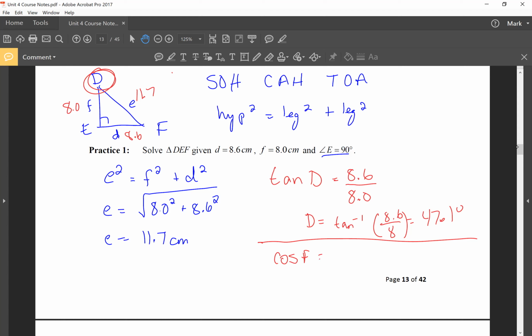Let's use cosine. Why not? Cosine is the adjacent number to F, that's 8.6, over the hypotenuse, which is 11.7. Now, a warning here, because 11.7 is rounded, my answer won't be perfect, but I'm not looking for perfection.